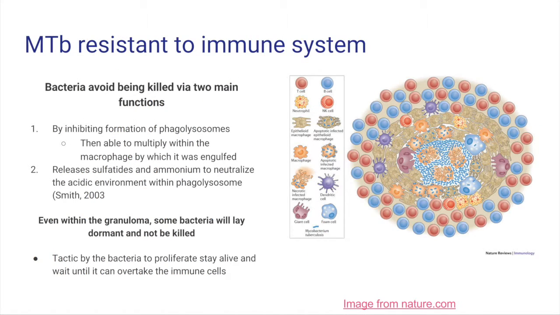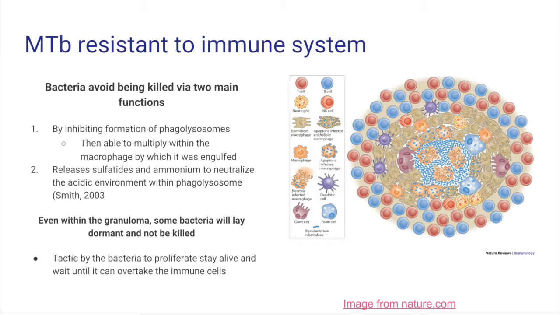These granulomas that I've talked about, these all occur when the immune system is in full force and is working properly, but it's often found that these bacteria try to avoid being killed, for obvious reasons, by two main functions, which I'll talk about. The first is by inhibiting the formation of those phagolysosomes within the macrophages.